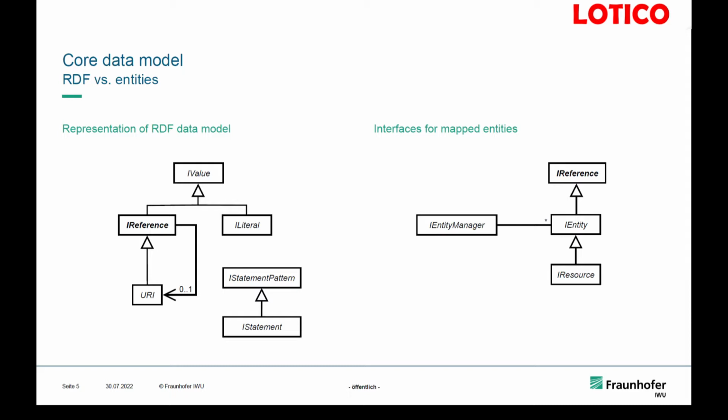This is an interface that provides you some methods for reflective access to the entity's properties. For example, you can get RDF properties and set RDF properties with generic methods by using the IResource interface.